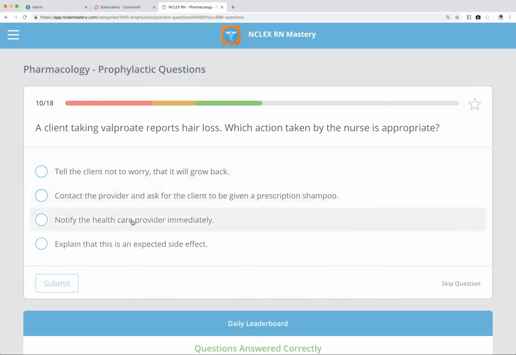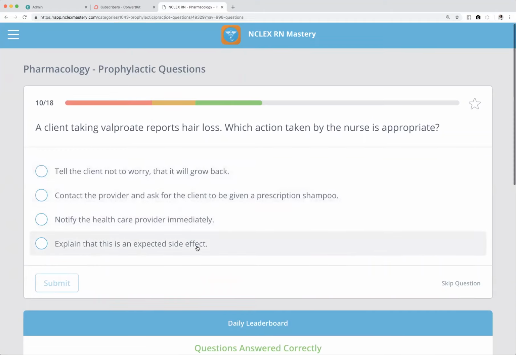So I'm going to eliminate both of these, and I am only left with explain that this is an expected side effect. Now, this answer choice makes me feel good because it's related to some of the keywords that are in the question. So I'm going to click this one.